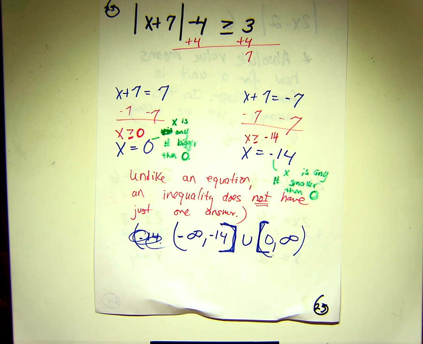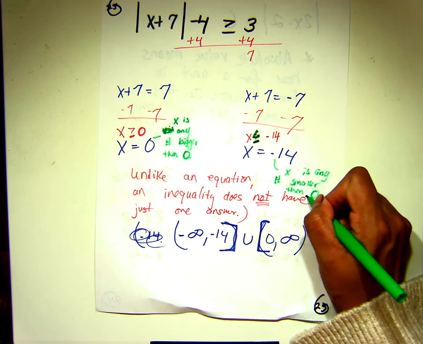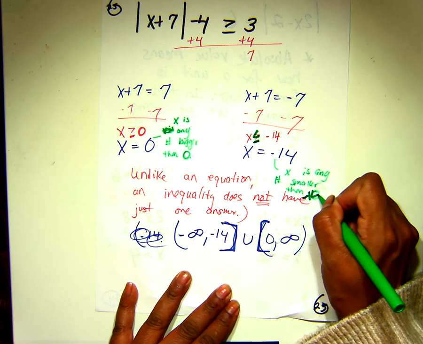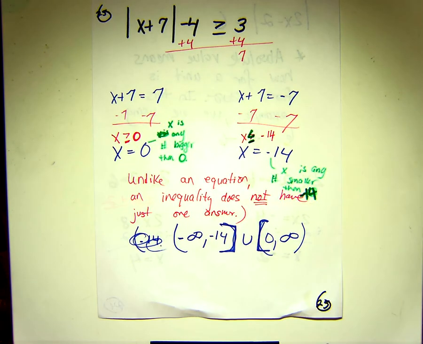So x is anything smaller than negative 14. I wrote this way too fast, so my apologies, y'all. But you can see where I'm getting the numbers from at least.